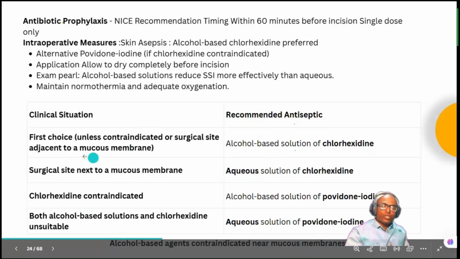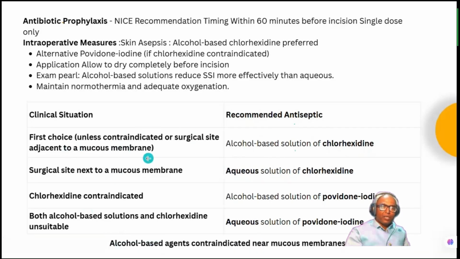So the surgical site should not be near the mucous membrane. Unless it is contraindicated, we will use an alcohol-based solution of chlorhexidine. If the surgical site is next to the mucous membrane, then you will not use alcohol-based; you will use an aqueous solution of chlorhexidine. So whatever the scenario, the question will ask what is the site where you are operating.